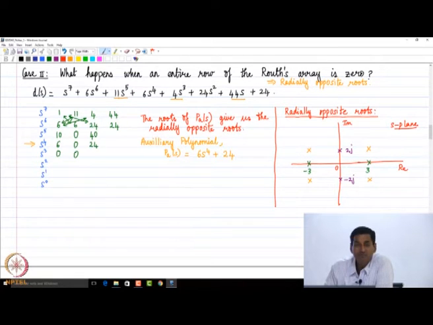So in this case, what do you think the radially opposite roots are? If you calculate 6 s power 4 plus 24 equals 0, that gives me s power 4 plus 4 equals 0, right. What is the solution of s power 4 plus 4 equals 0?